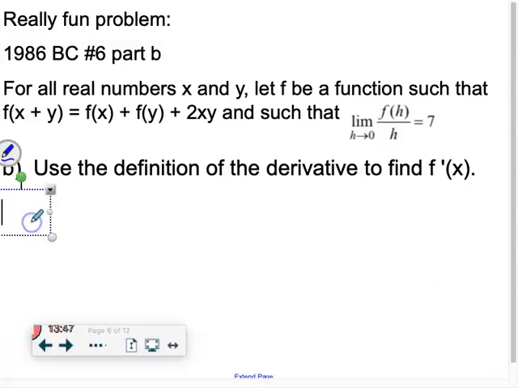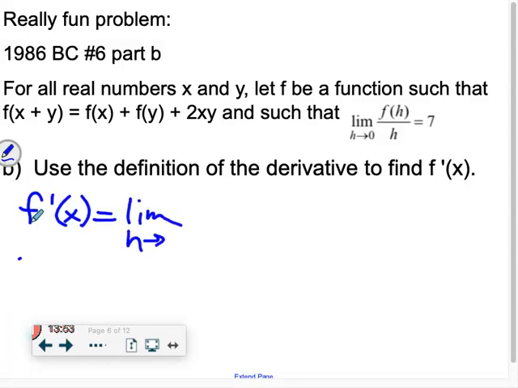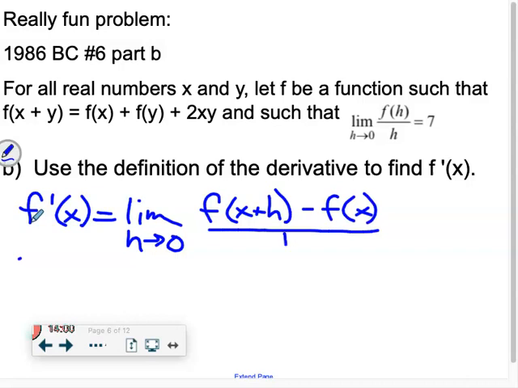So f prime of x, we know, is the limit as h approaches 0 of f of x plus h minus f of x over h. Now I'm going to get away from this for a moment. Let's look at this f of x plus y. X and y are variables. So if I wanted f of 2 plus 3, that would be f of 2 plus f of 3 plus 2 times 2 times 3, right?